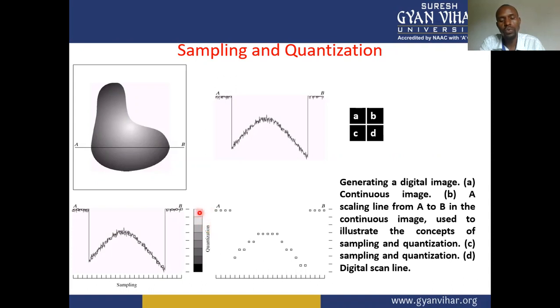So in this representation in quantization, where we have white, it means this is the highest intensity, and where we have dark, this is the lowest intensity. That is exactly what is shown here. So every point of this image is represented in its respective color map. The color map here helps us to represent this image in quantization.